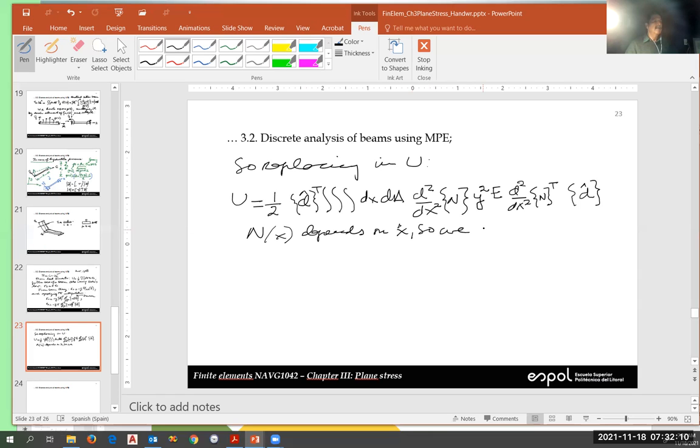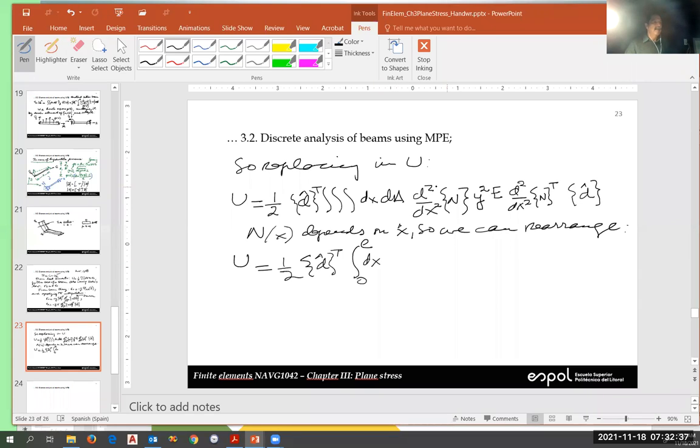So we can rearrange this expression. We said U is equal to 1/2, and then we have this d transpose. First we integrate from 0 to L. In this part here, I'm going to include all the terms which depend on x.